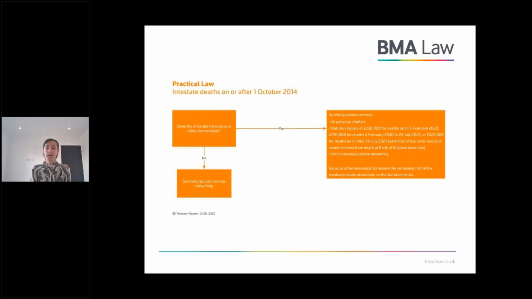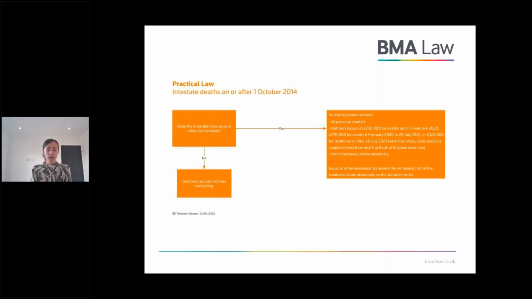If a person dies without a will, their assets will be distributed in accordance with the rules of intestacy. The rules are summarised on the following flow charts.